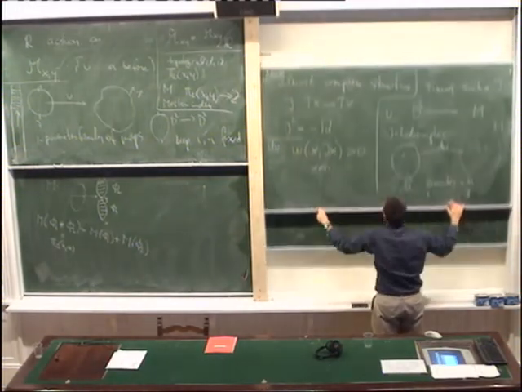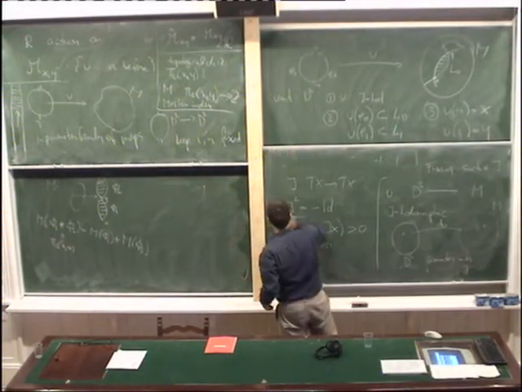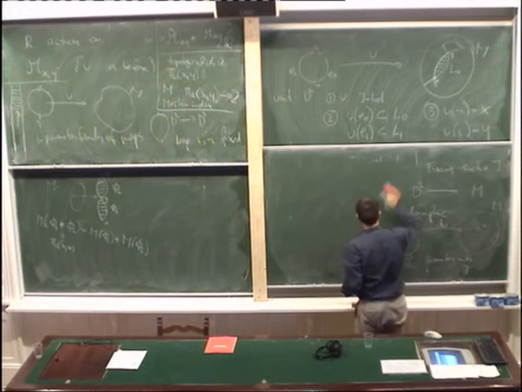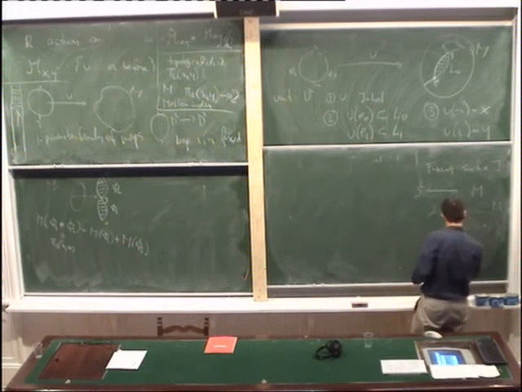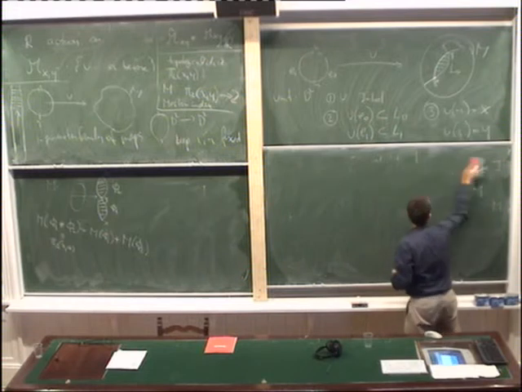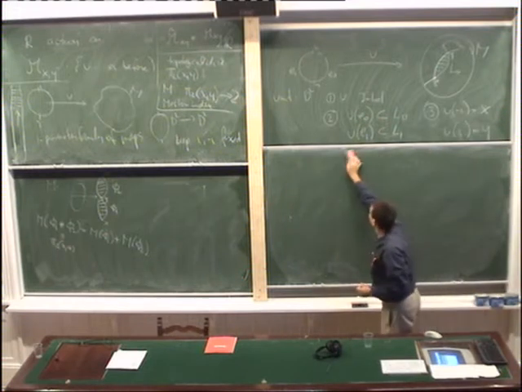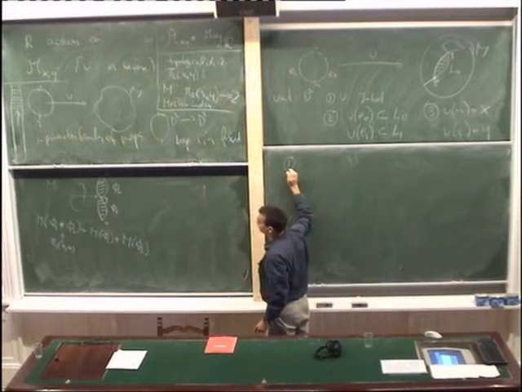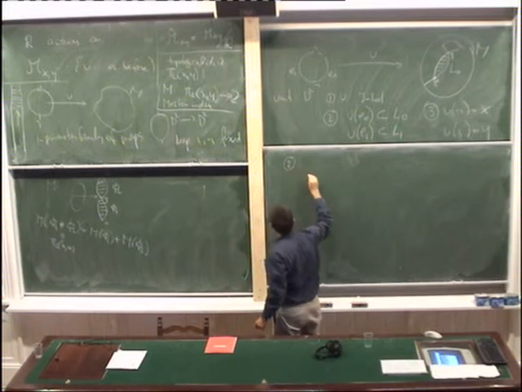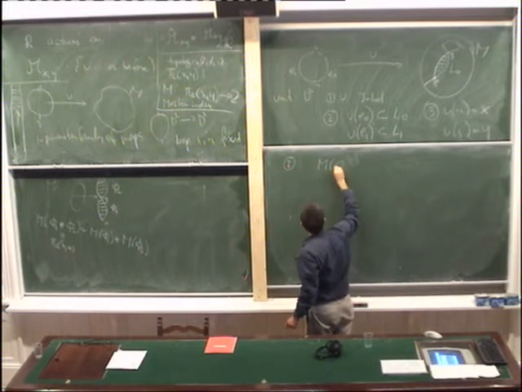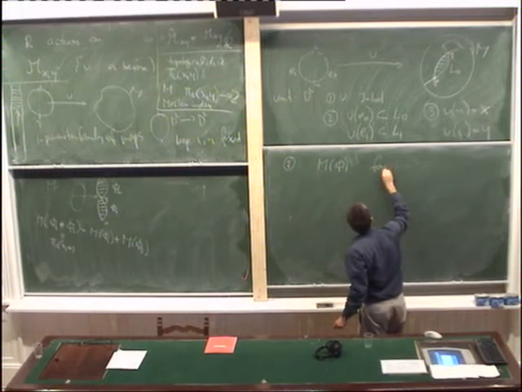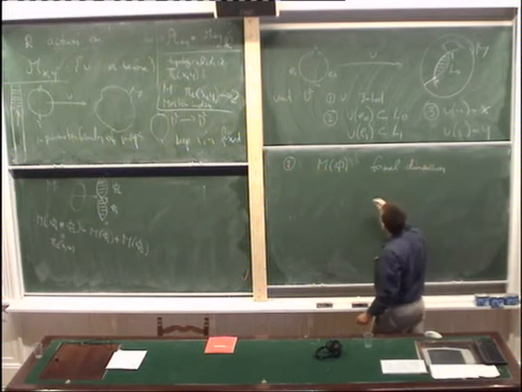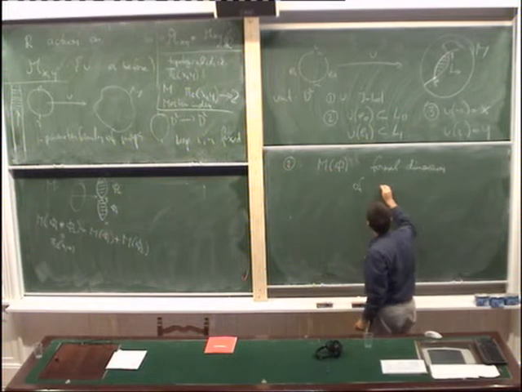And I guess the other property of the Maslov index is that m of phi is the formal dimension of the moduli space.